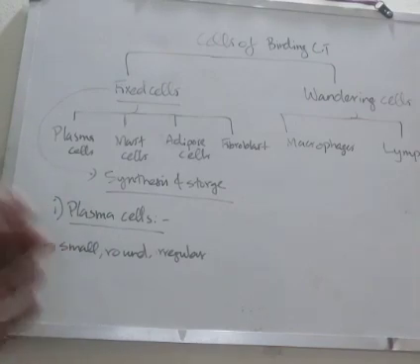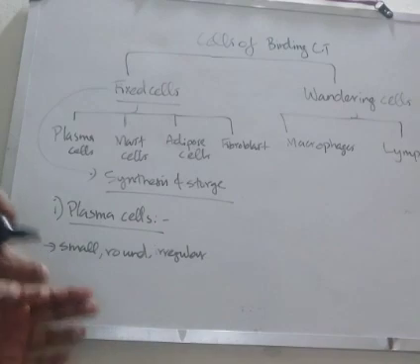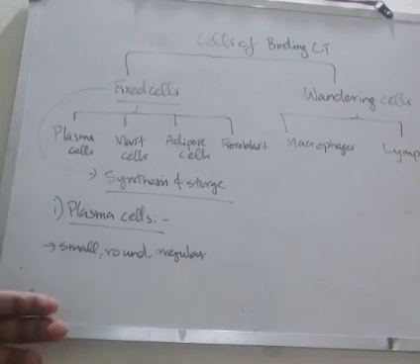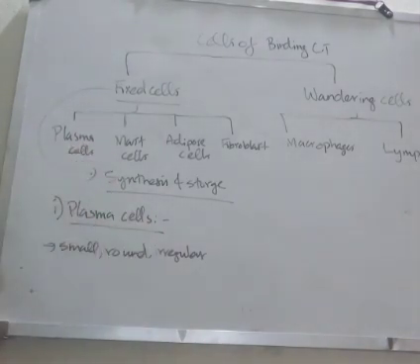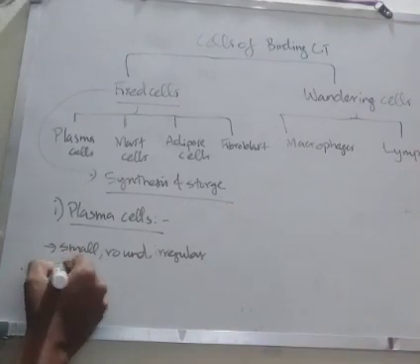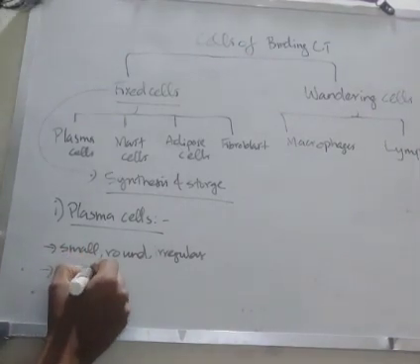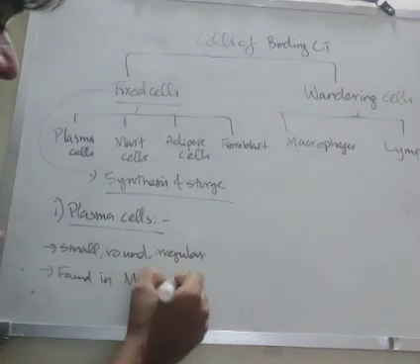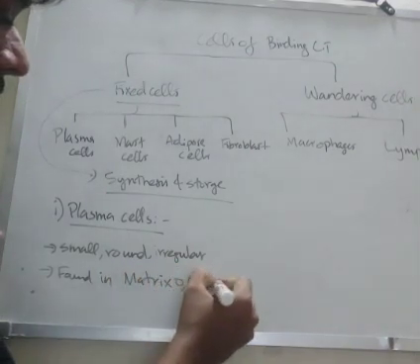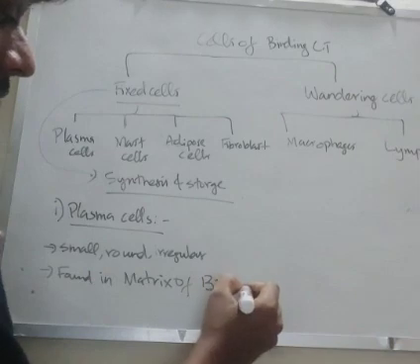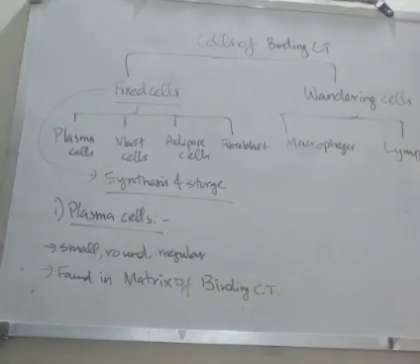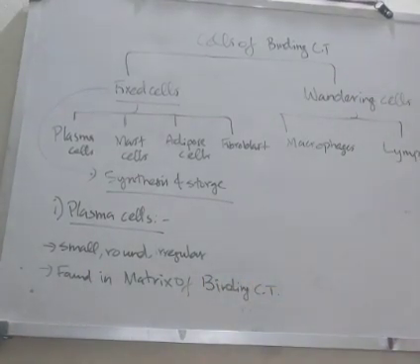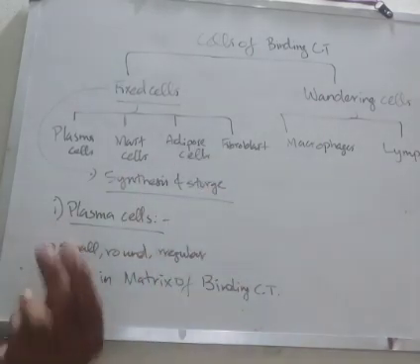Plasma cells are fixed cells, and they can be found in the matrix of binding connective tissue.